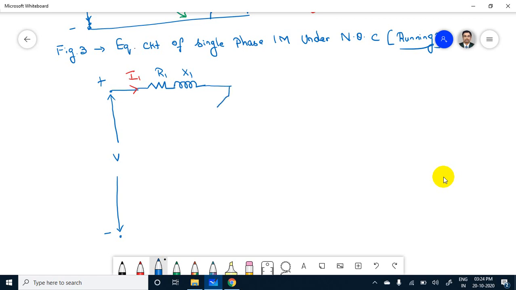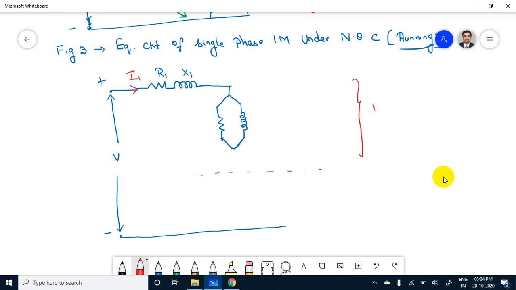Okay, then it goes to the magnetizing and leakage resistance and reactance, because I already mentioned this, you have to divide the diagram into two, and this topmost part is called the forward field, and the downward part is called the backward field.